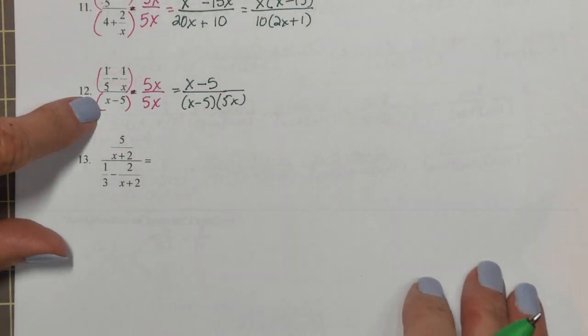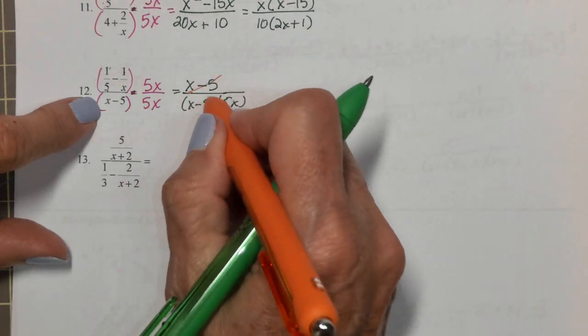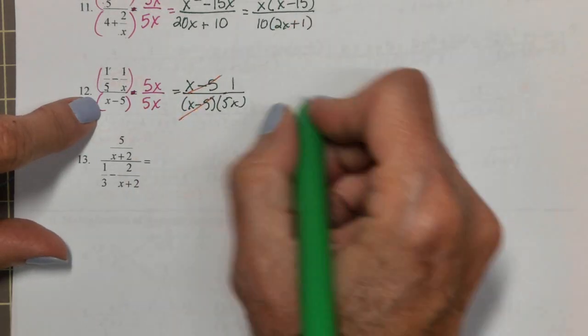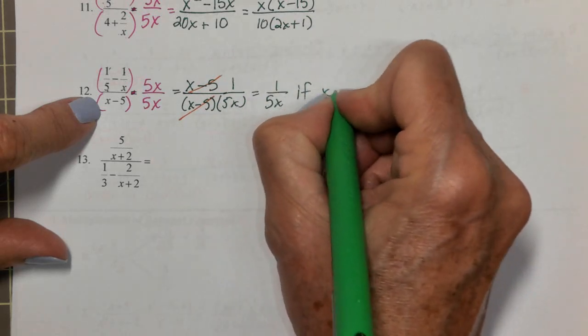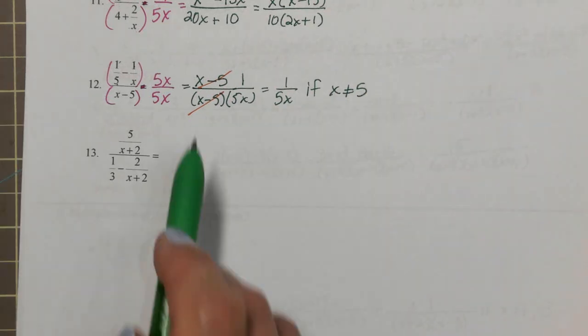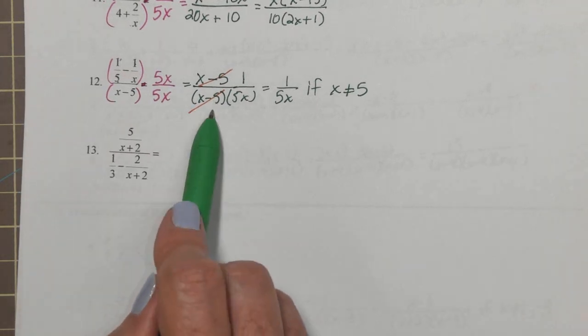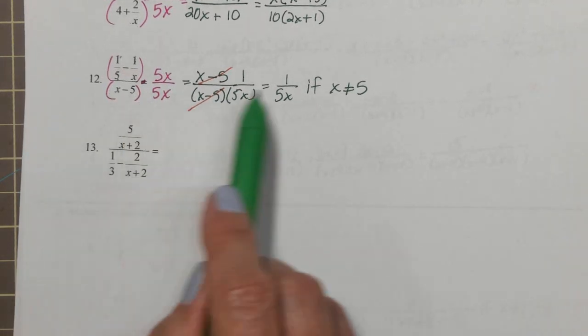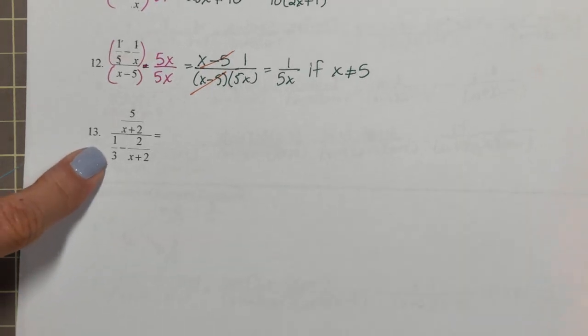Right? The x minus 5s will cancel, leaving a 1 up on top, so it's 1 over 5x if x is not equal to 5. When you cancel things out, remember, saying that these two are equal is powerful, and these are only equal if x is not equal to 5. Okay?